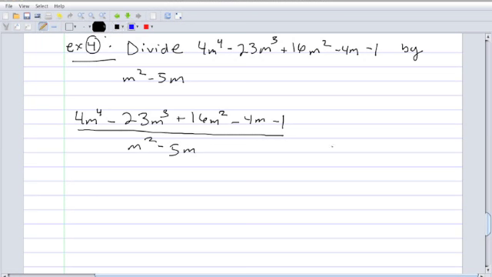Again, make it fall to the right. So when you do that, it becomes, you got m squared minus 5m into 4m to the 4 minus 23m cubed plus 16m squared minus 4m minus 1.